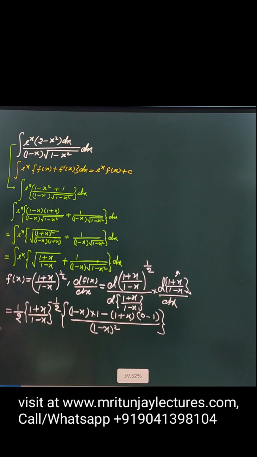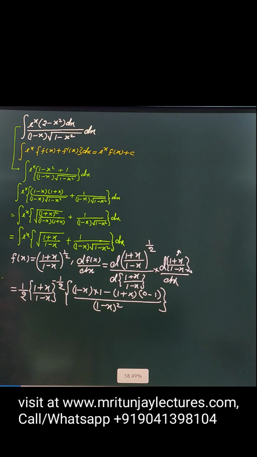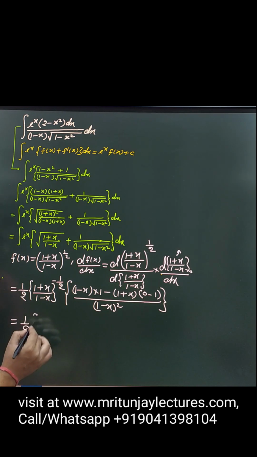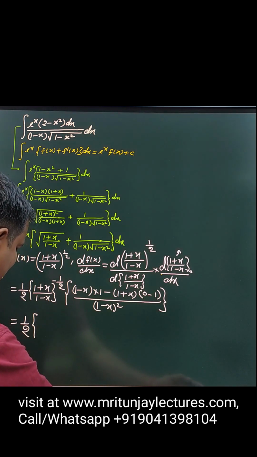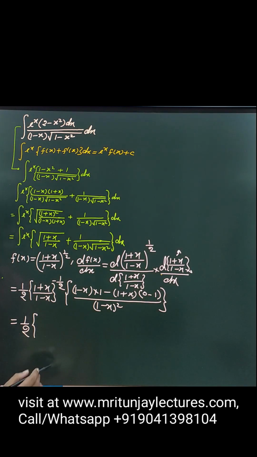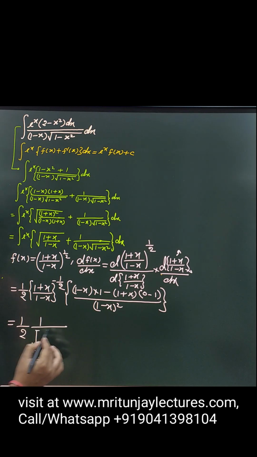Now look, this is 1 by 2 into (1 plus x upon 1 minus x) to the power minus half, which is 1 by 2 into under root of (1 minus x upon 1 plus x) inverted.